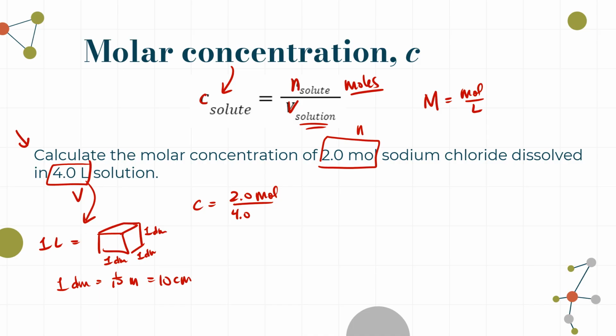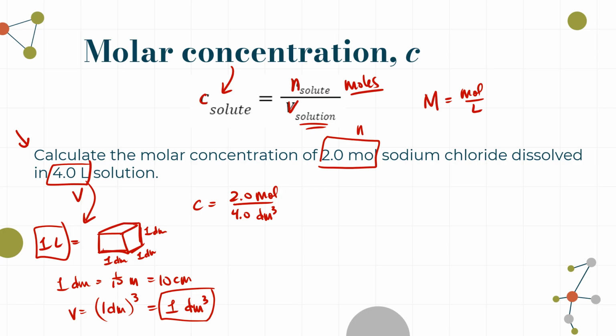So if I take this cube, volume is length times width times height, so volume is going to be 1 decimeter times 1 decimeter times 1 decimeter. That's 1 decimeter to the 3rd power, which is 1 decimeter cubed. So instead of using liter, we're going to use cubic decimeters. Same thing as a liter, just a different unit.